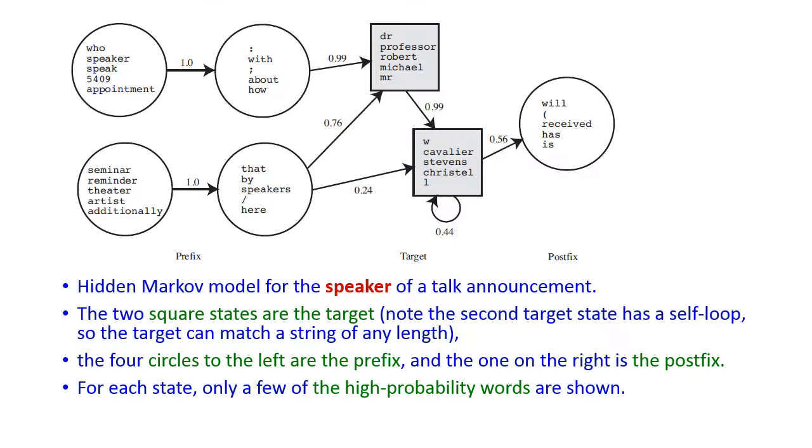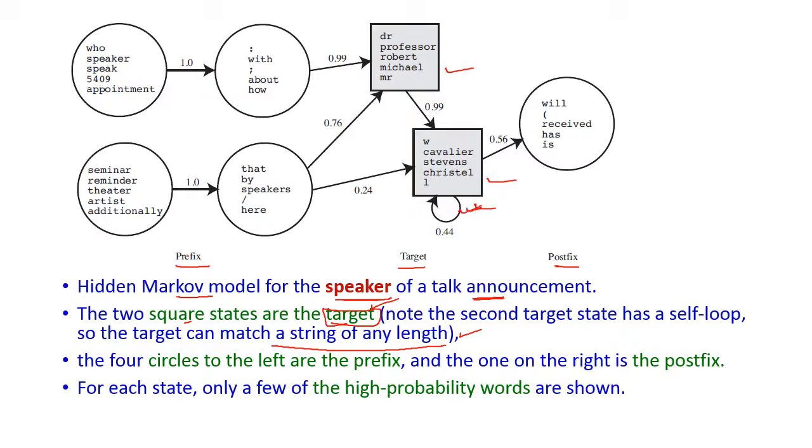This diagram explains the hidden Markov model for the speaker of a talk announcement. Here we have prefix, target and postfix. The target symbol is a square, so two square states are the target. The second target has a self loop, which means the matching string can be any length.